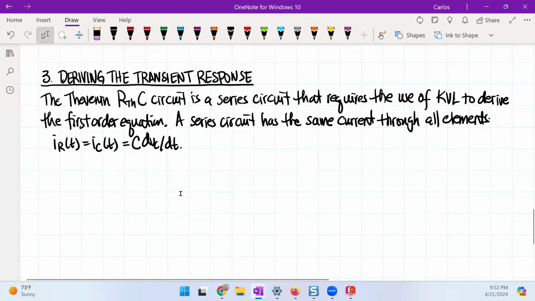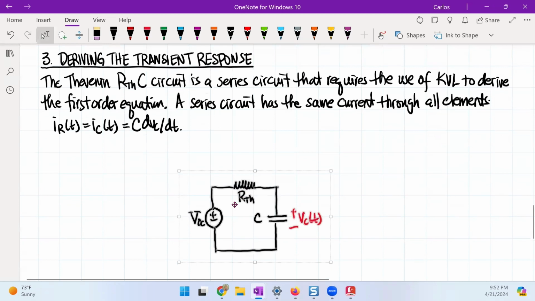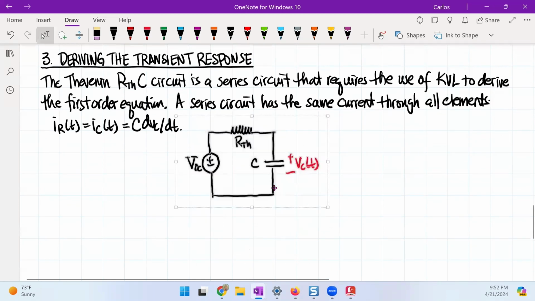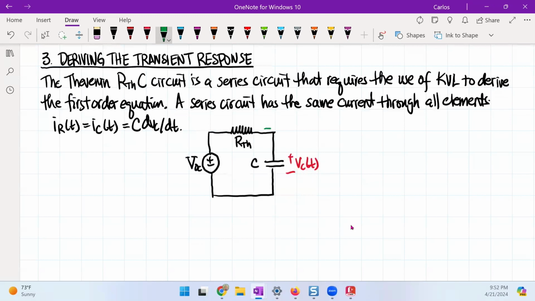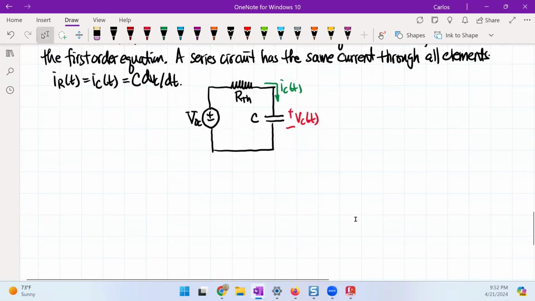So if I paste in my Thevenin circuit, what we're seeing is that our capacitive current, which is also the current of the resistor, is this guy right here. So here we go. I'm going to apply KVL.